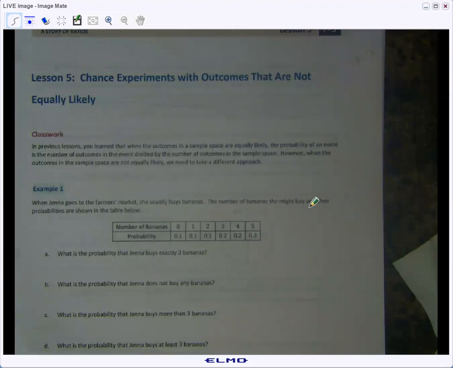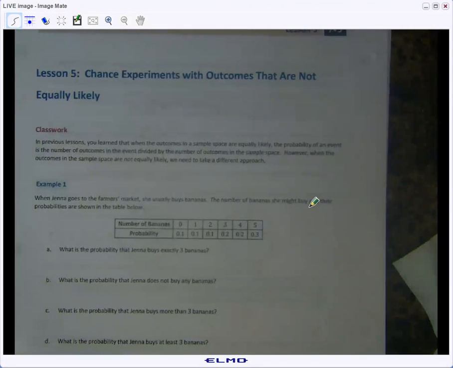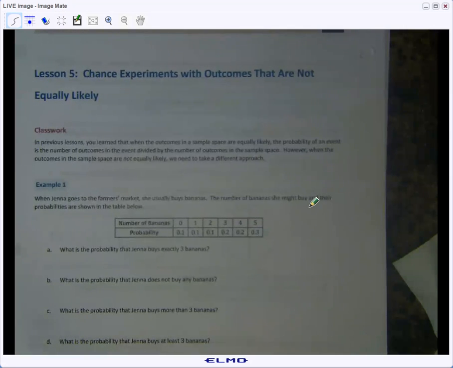Here we are, lesson 5, continuing with probability. In our chance experiments that we've done so far in lessons 1 through 4, those have all been experiments where the outcomes were equally likely, like rolling an even number cube or flipping a coin.